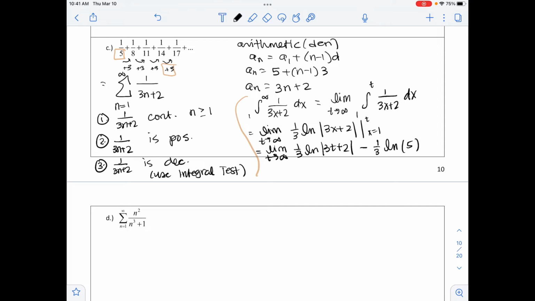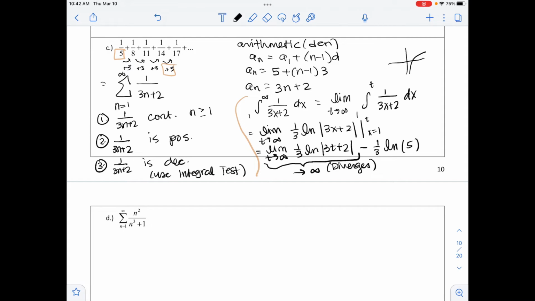And since we're dealing with the limit as t approaches infinity, that is only on this first term here. And if you think about the natural log function, as that goes off to infinity, our function's going off to infinity. So this also goes off to infinity. So this diverges.